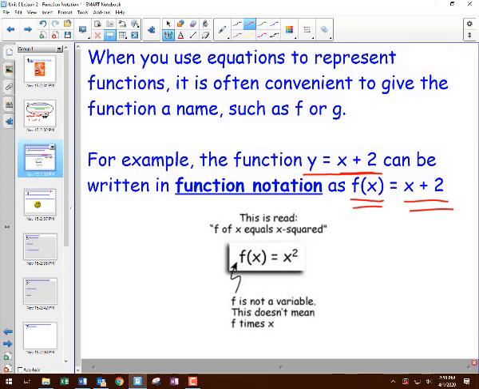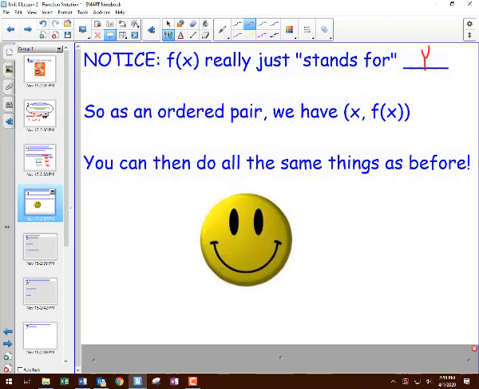Let me flip back here. If you need to reread that, go right ahead. On this f of x, sometimes you'll see things such as g of x or h of x. All of those are just fancy ways to write y. As an ordered pair, remember we're talking input and output here, we have x and f of x.